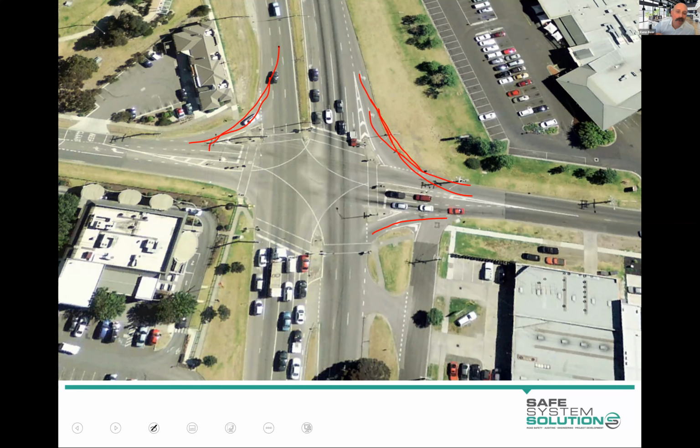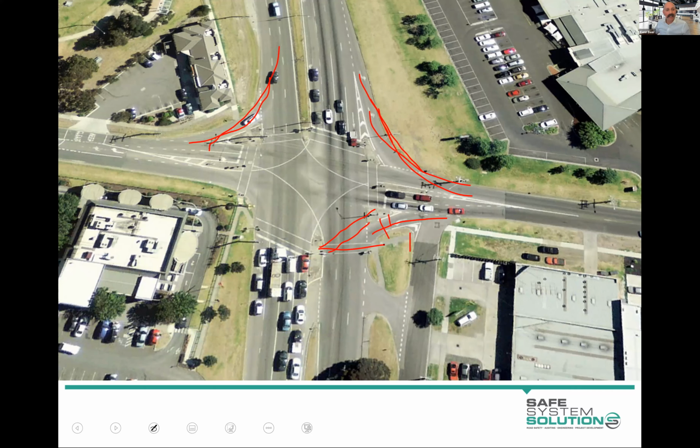The thing is that whoever designed this intersection in the day, for some reason or another, instead of having the pedestrian crossing go to the island and then have them cross there, they elected to go to this other big island here.